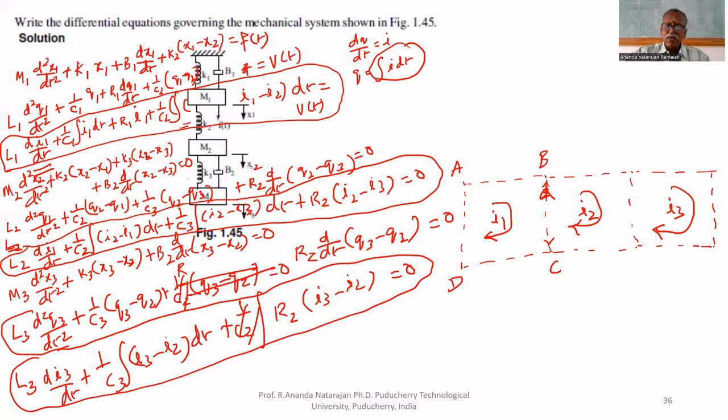So we will write at AB, inductor L1. Then 1 by C1 integral of I1, current only, that also we can draw across AB. This is C1. Then R1 I1, that is also I1 only. We can draw either here or here. Only I1 has to flow. We'll draw here R1.